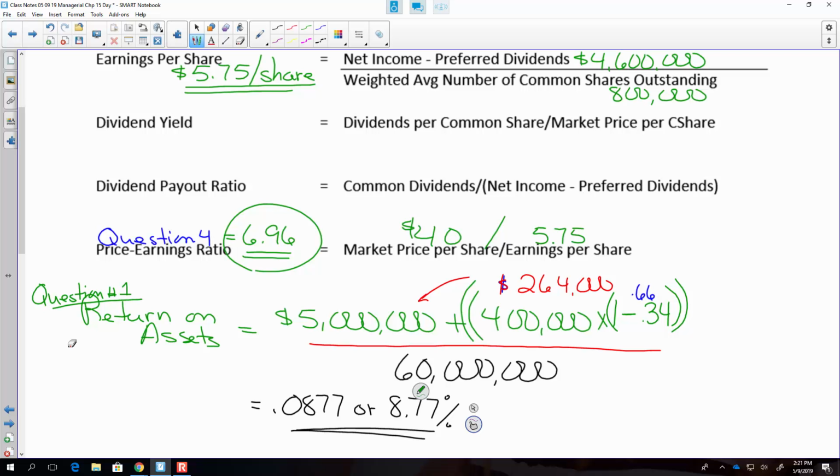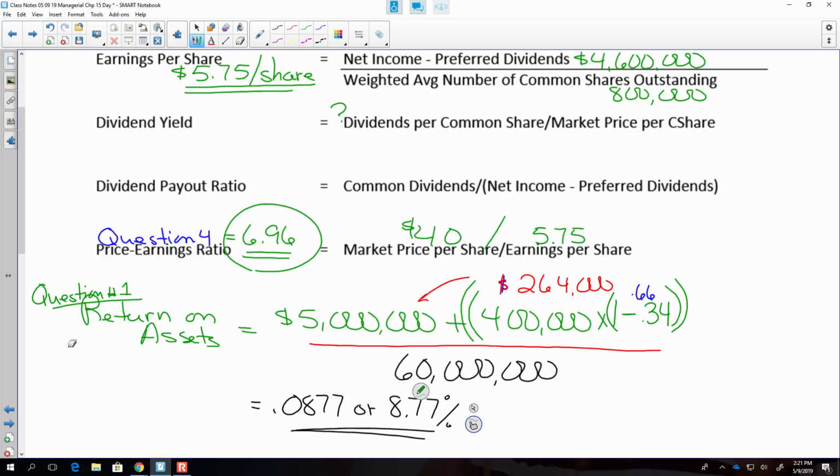Next is our dividend yield. Dividends per common. Well, we'd have to figure that out, right? Dividends per common share. How do I do that, guys? How do I get this dividends per common? What do I divide? These are the 1.2 million divided by the 800,000. Yeah, very good, Carla.